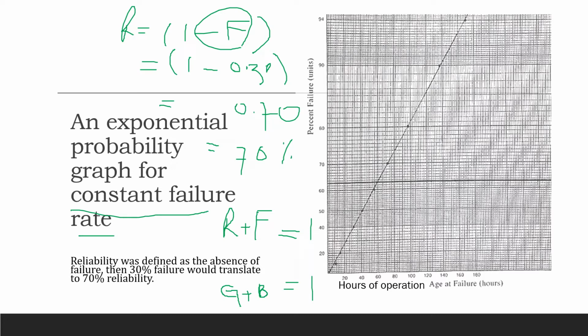Sometimes you can be 100% good and 0% bad. Sometimes you can be 20% good and 80% bad. Same as that, I have a system that is 70% reliable, but it can fail 30%. That's what I'm telling you, and I want you to understand that.